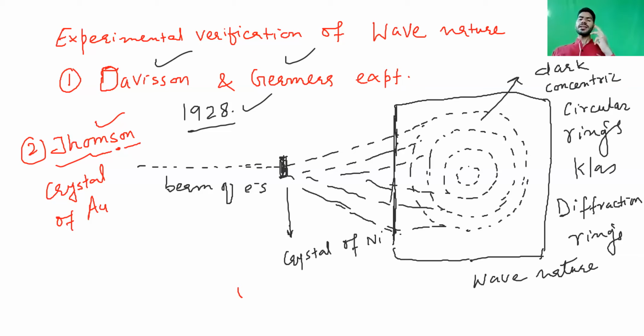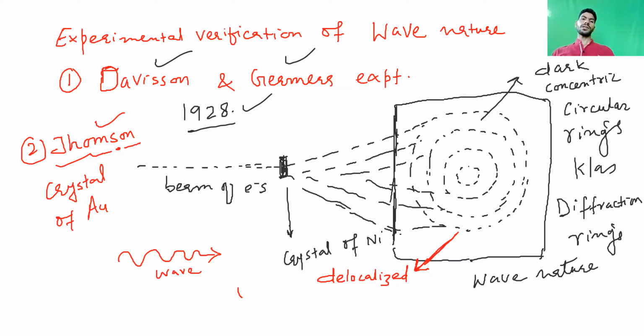These rings indicate that they have wave nature, because these concentric circular rings are delocalized. And I have told you that waves are delocalized, isn't it? That means they are not only at a fixed position, they spread out like waves. We know that waves spread. So a wave is not localized.